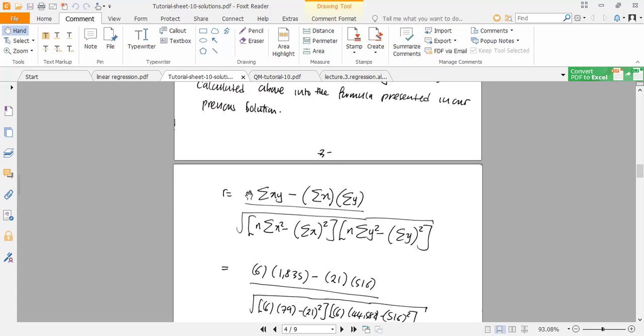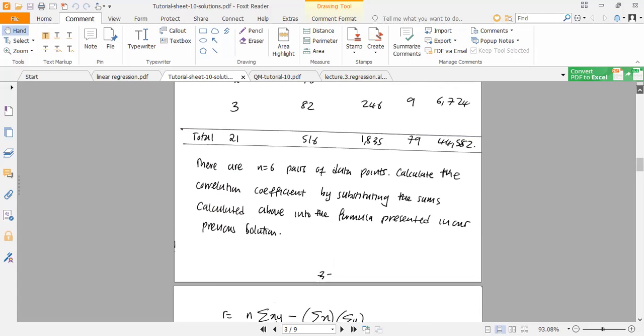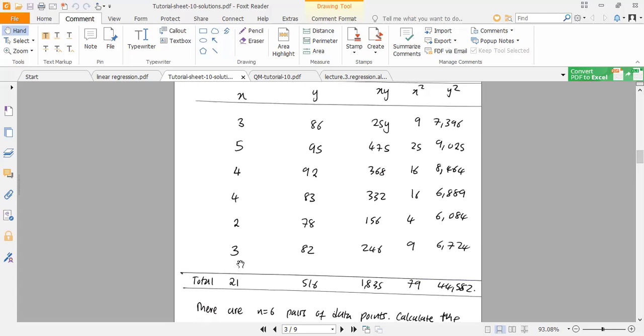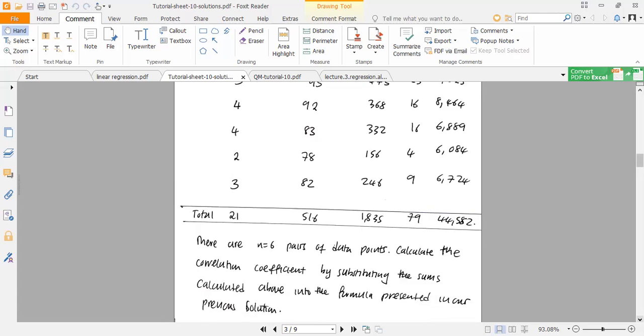So where we have our n, we put the 6, and xy from the table. These are the sum totals: summation of x, summation of y, summation of xy, summation of x squared, and summation of y squared. So it's an issue of just substituting these in the formula.